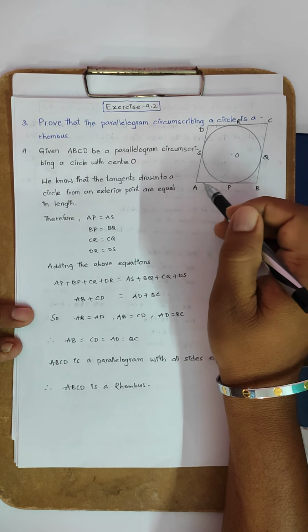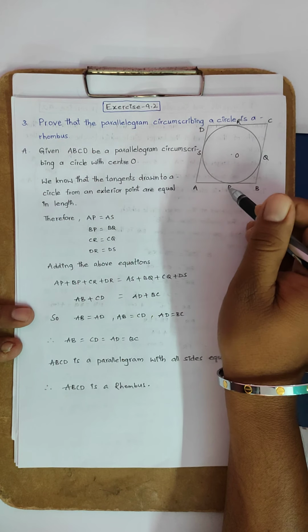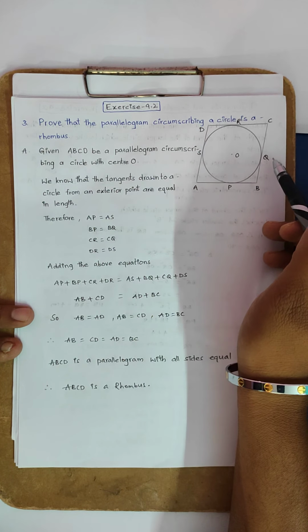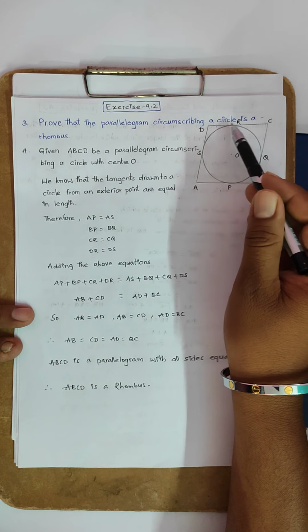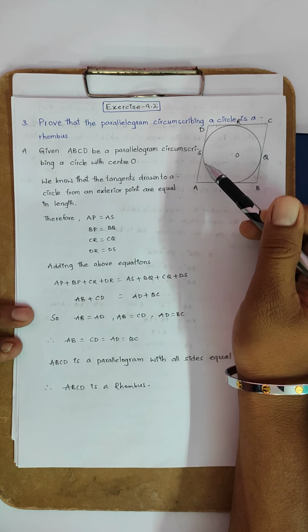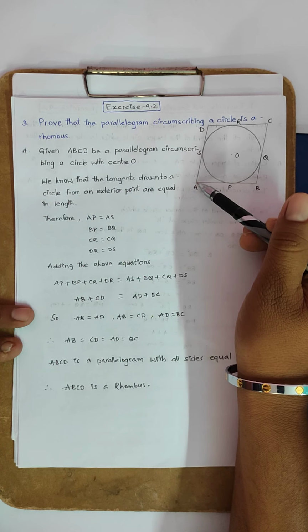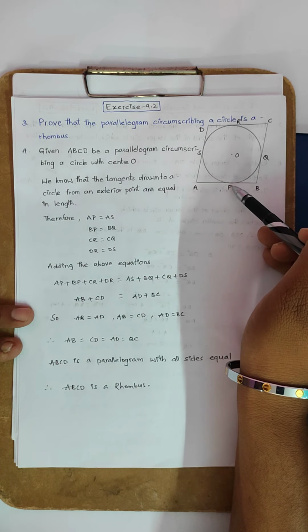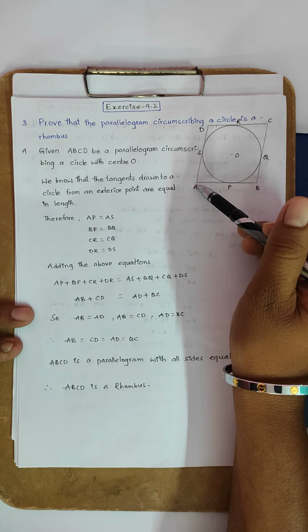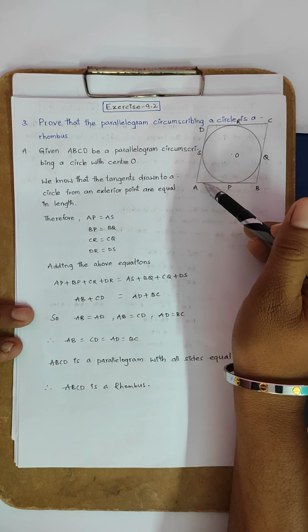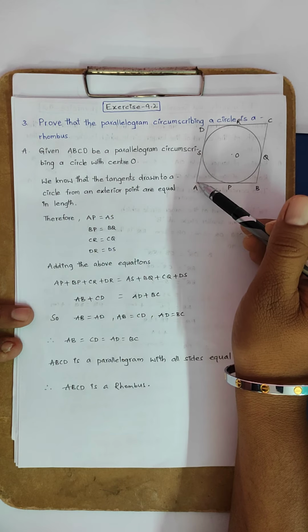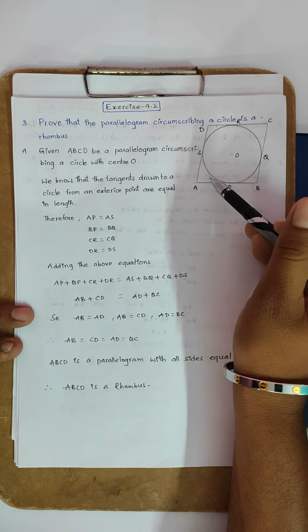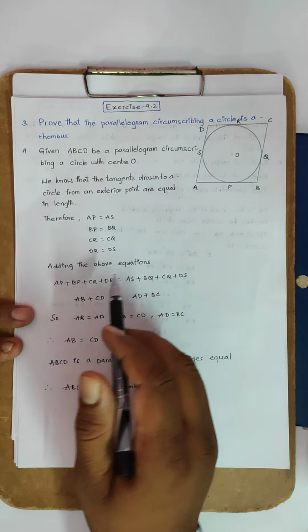So AP equals AS, BP equals BQ, QC equals CR, DR equals DS. From external point A, AP is a tangent and AS is also a tangent, and their common point is A, so they are the same in length.